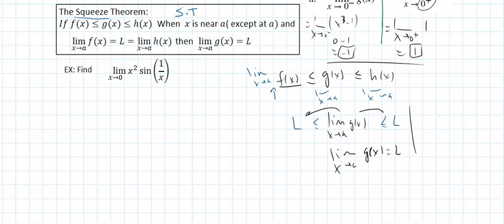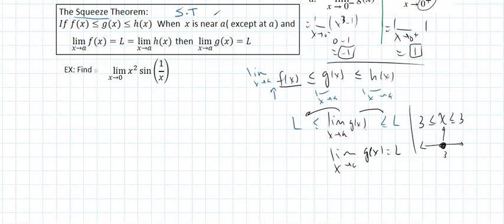So if I told you x is bigger than or equal to 3 and less than or equal to 3, there's only one solution there. If you put this on a number line, that's the only solution that satisfies this inequality. And that's what the squeeze theorem says.